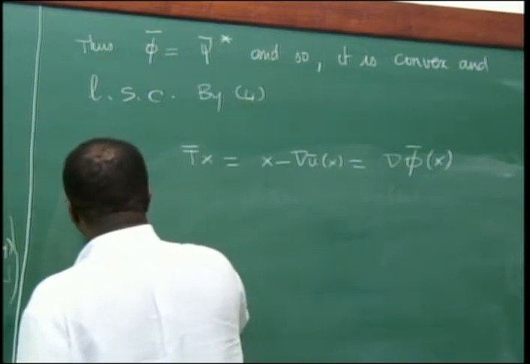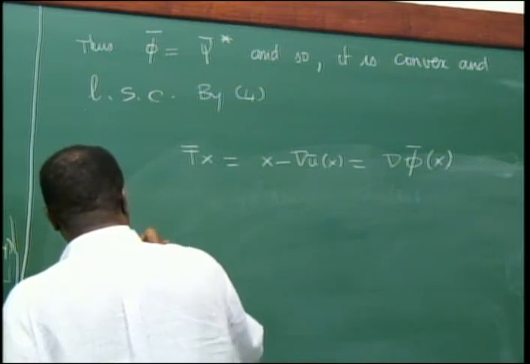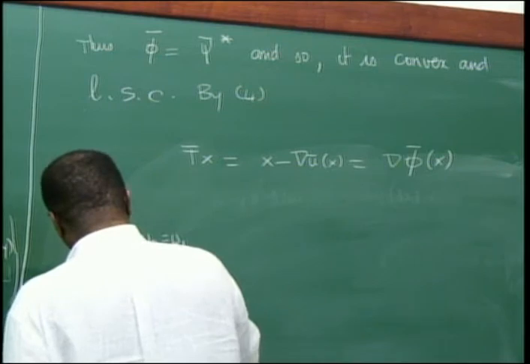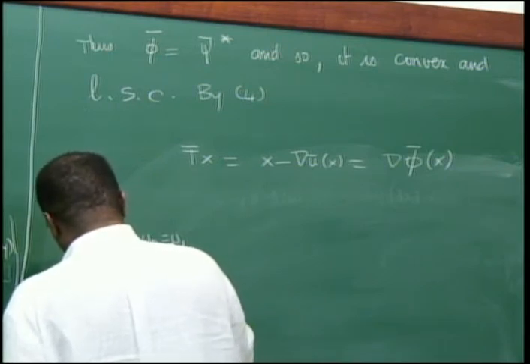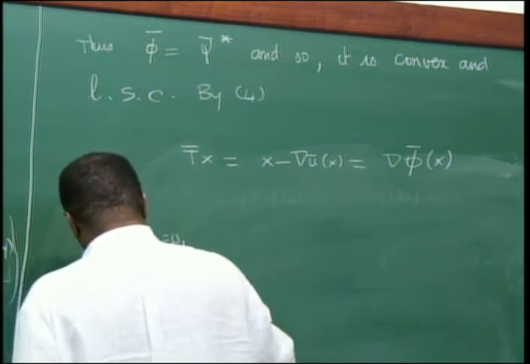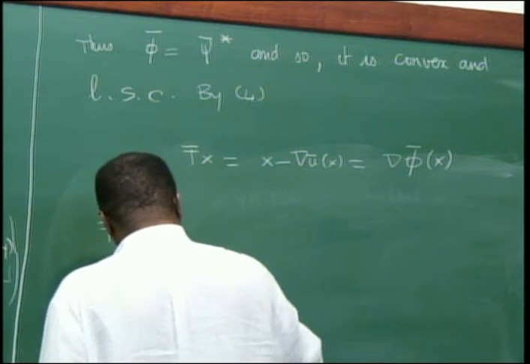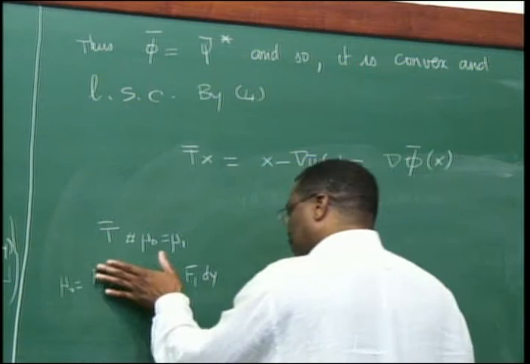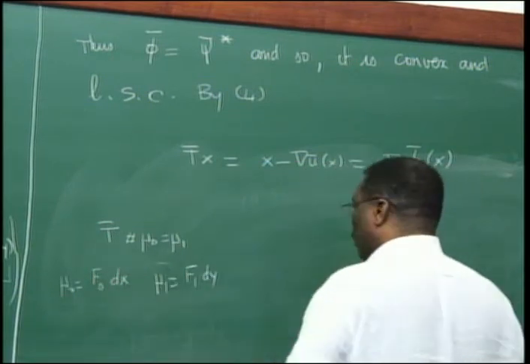The property is that T bar pushes mu naught forward to mu 1. If mu naught is f naught dx and mu 1 is f1 dy, assume that T bar was one to one.